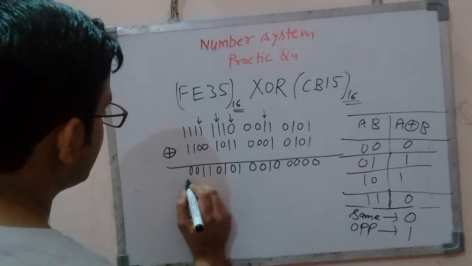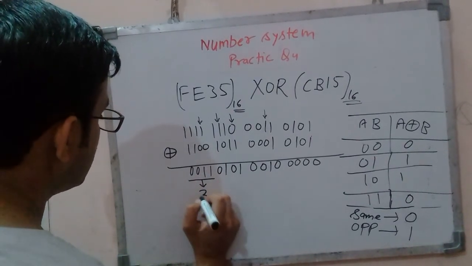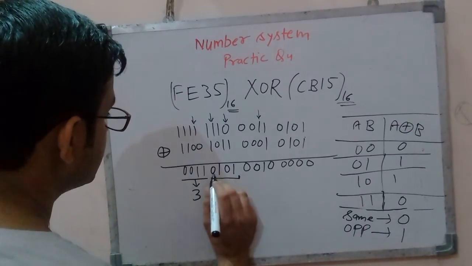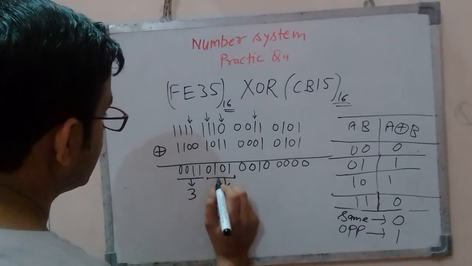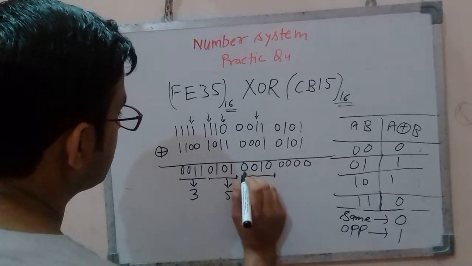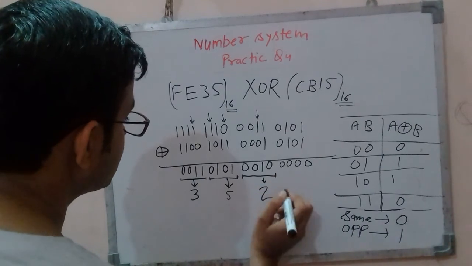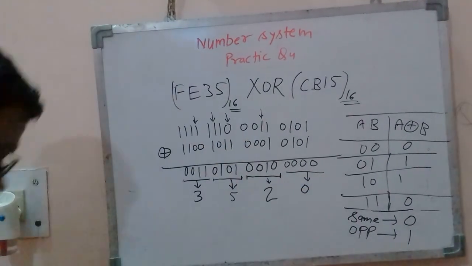Again convert this binary number into hexadecimal number. 0 0 1 1 is equivalent to what in hexadecimal? This is 3 only. Now 0 1 0 1 is equivalent to what in hexadecimal? 0 1 0 1 is nothing but 5. Now 0 0 1 0 is equivalent to 2 in hexadecimal. 0 0 0 0 in binary is equivalent to 0 in hexadecimal.